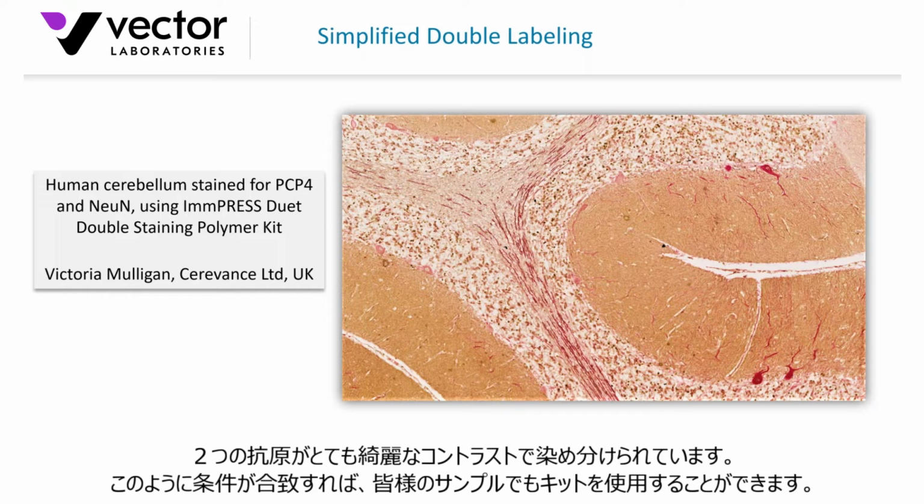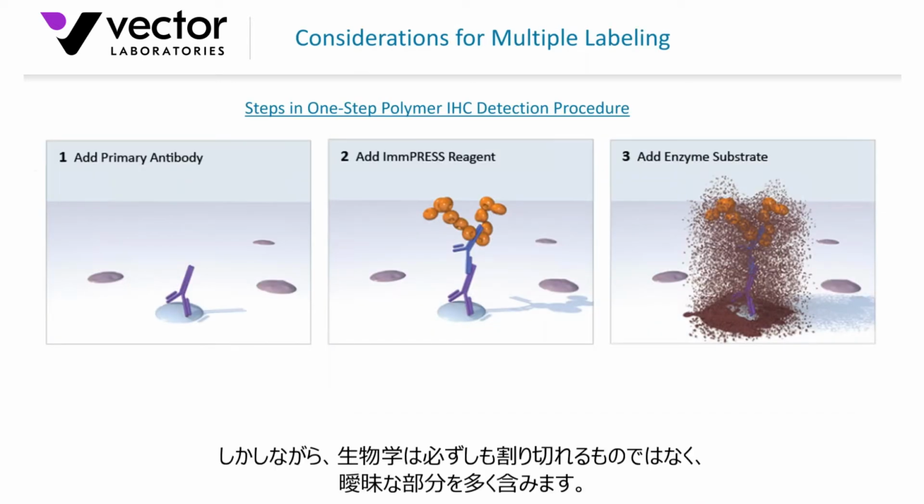So it just gives you an idea about a real-life example of how one of these ImmPRESS Duet double labeling kits could be utilized. So have a look at the clear demarcation there, or contrast, between those two antigens. See if that's something that might also be applicable in your given application. However, I'm certainly aware that biology is not as black and white as that, and there's a lot of gray areas.